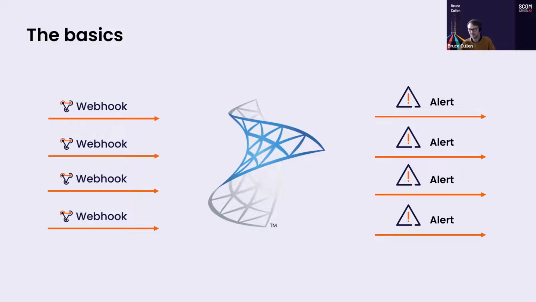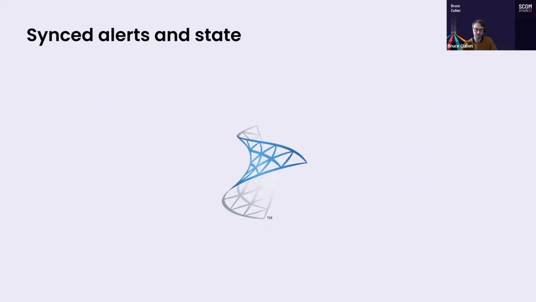But the reality is that isn't super useful in and of itself, because you might want to close some of those alerts sometimes as well as just literally open them. Yes, that is also possible with the ability to sync alert state. It's only possible where a webhook can contain information that lets you identify multiple webhooks as coming from the same source, which we can do by use of an ID.